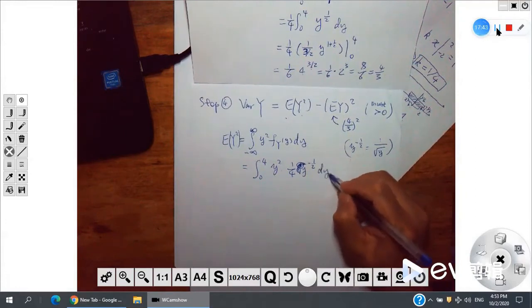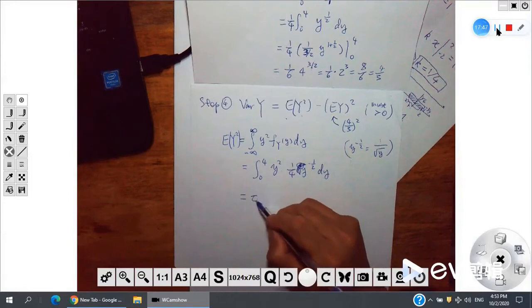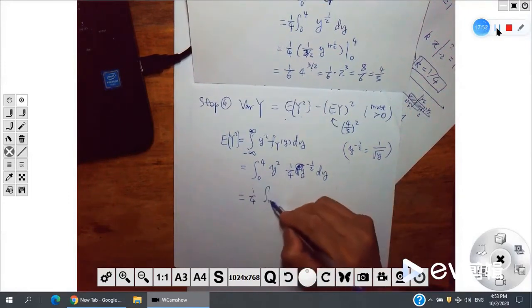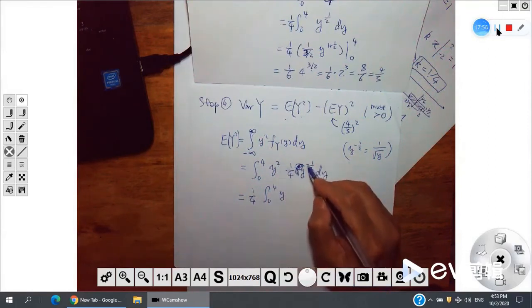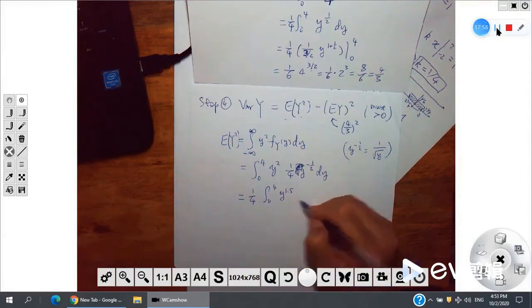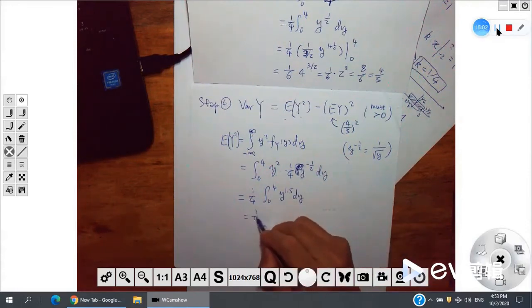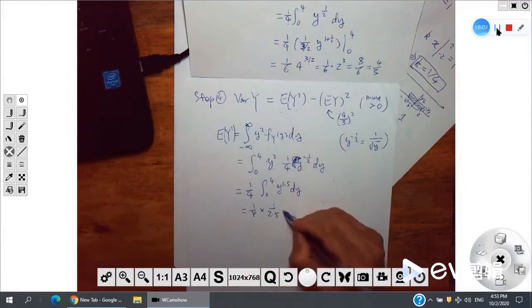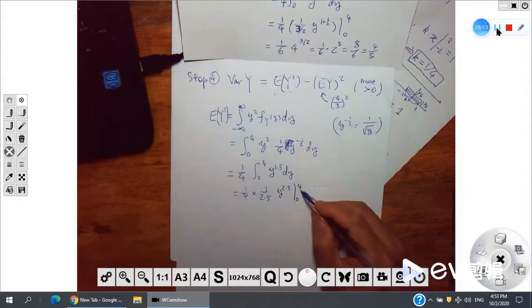Right? So I move the 1/4 to the front. And here, you multiply these two, I get the integral of y to the 2 minus half, it's 1.5, I write it this way, dy. Alright. So this is 1/4 times 1 over 2.5, and here is y to the 2.5, and y runs from 0 to 4.